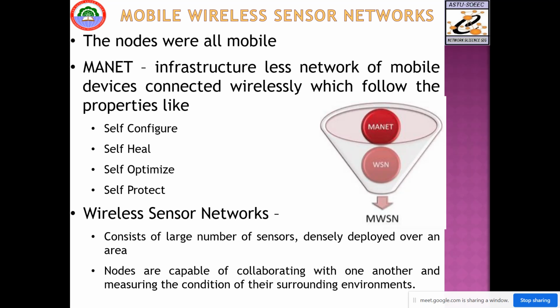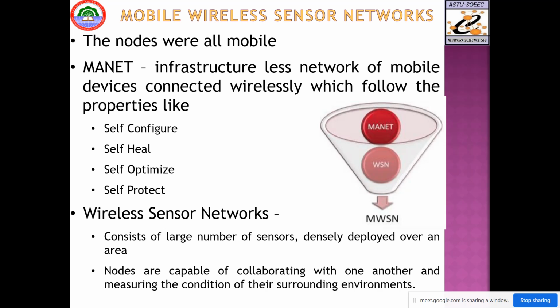It is an infrastructureless network, so no fixed infrastructure is required. Suppose I have one mobile, one laptop, one desktop or one PDA, all my personal devices, and I want to establish a network with all these devices. Without depending on any physical infrastructure, it is possible to establish an ad hoc network.